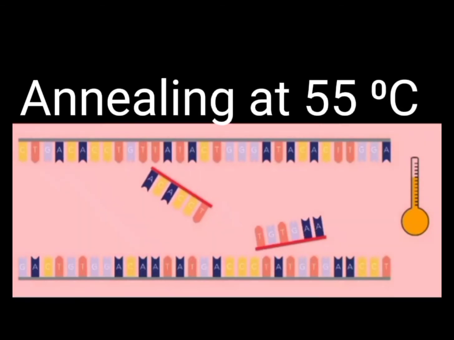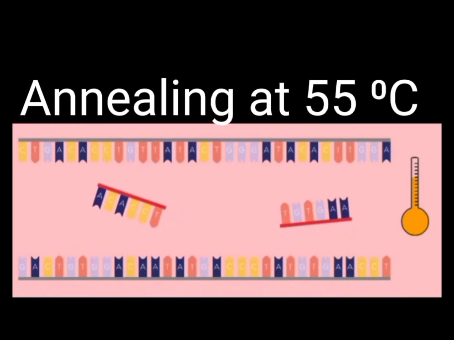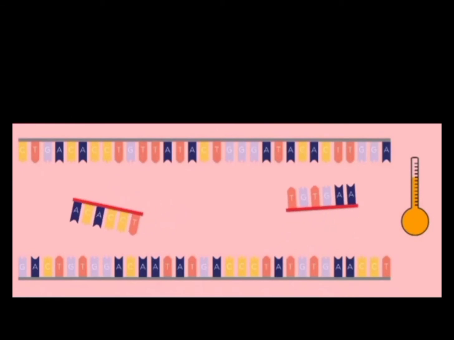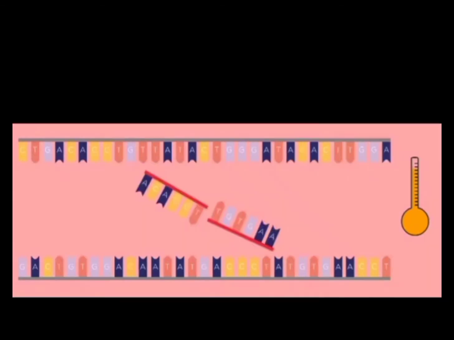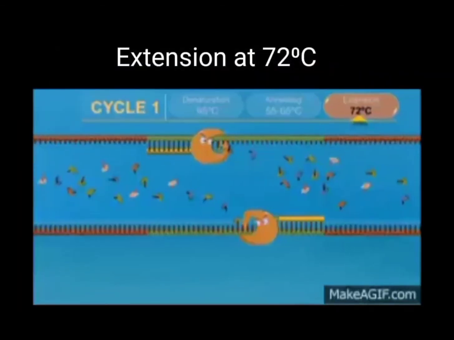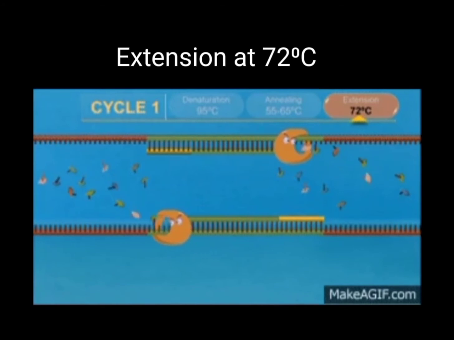It is also known as the binding process, in which the primers bind to the single-stranded DNA when the temperature is lowered to about 55 degrees. And this animation shows the process of extension or elongation, when the floating nucleotides bind together to form new double-stranded DNA when the temperature is raised to about 72 degrees centigrade.